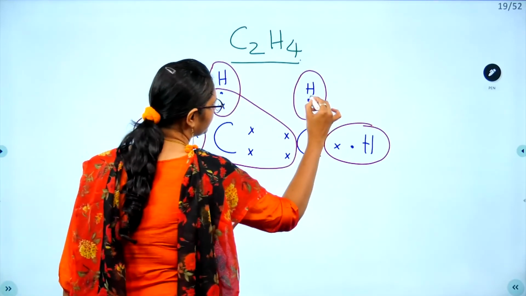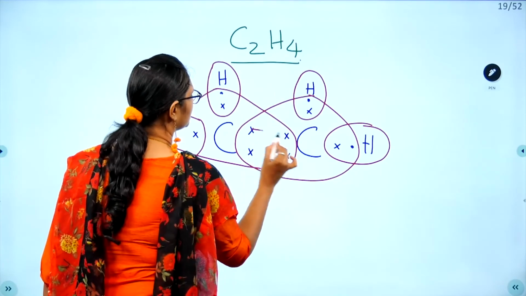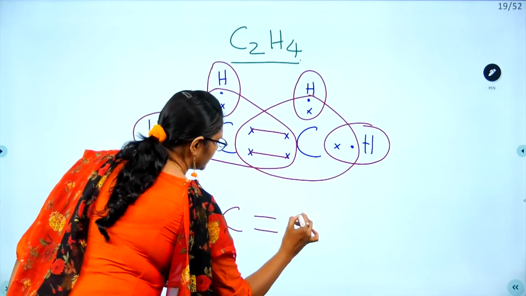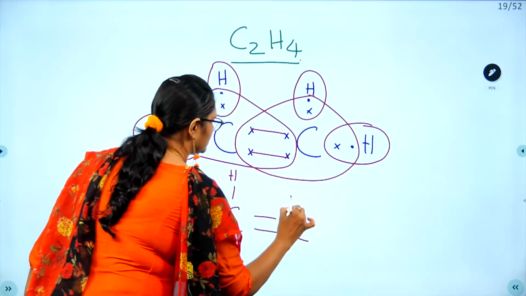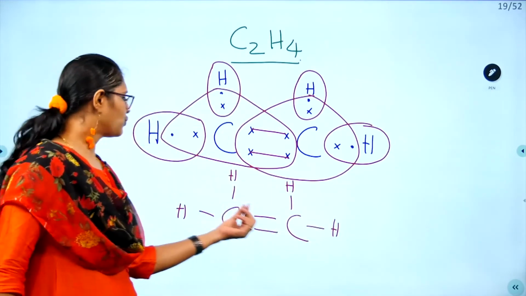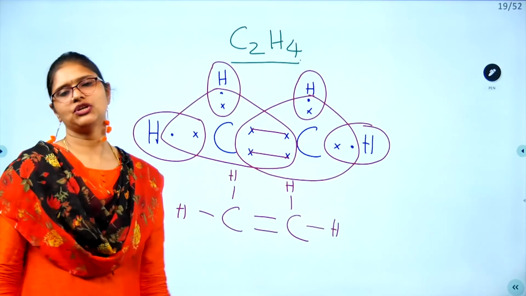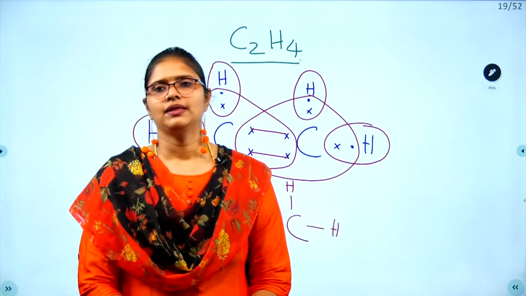Similarly that side. So double bond. So what you can see is H here, H. Similarly H here, H here. Understood? So there are 4 electrons in the middle and each 4 single bonds at the corner. So C2H4. So this is nothing but ethene.